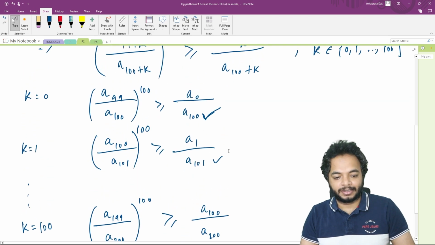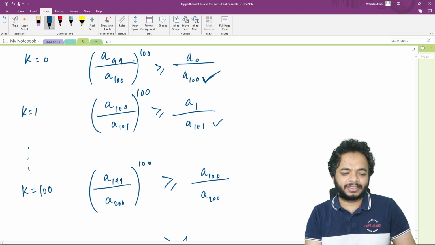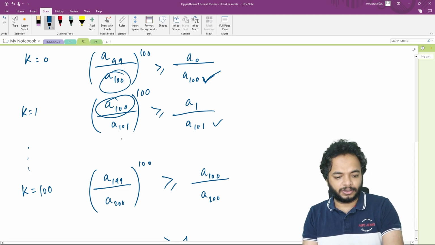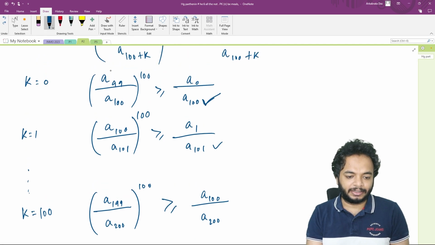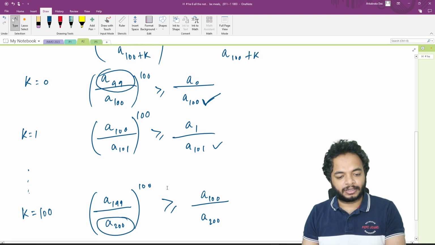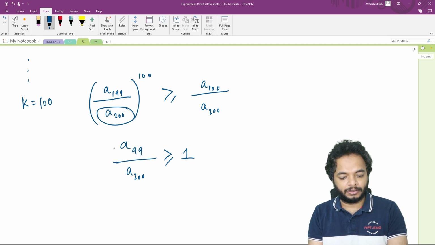And now look at the left hand side. You can very well see that things would just cancel out here, like this A100 cancels out with this, and so on and so forth. And what will survive or remain at the end is A199 and A200. So these two would survive. A99 divided by A200 whole to the power 100.